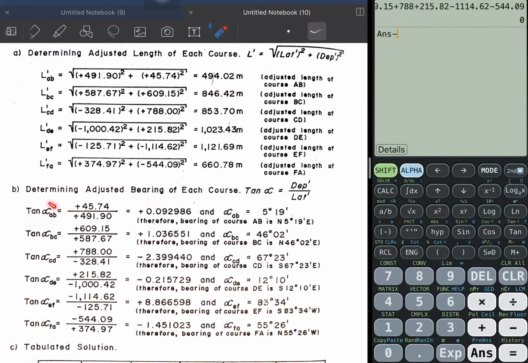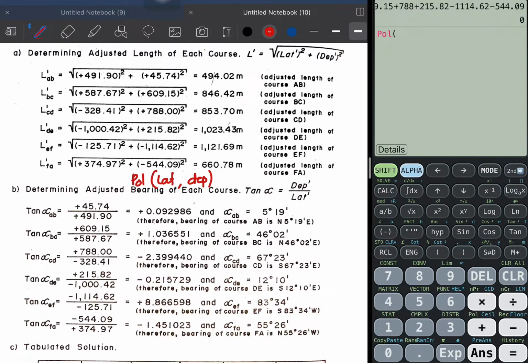So for the bearing, you have this formula, tangent of alpha of line AB is equal to the adjusted departure over the adjusted latitude. Or you can use the polar function on your calculator, with latitude and departure. Okay, so let's have an example. Shift polar.